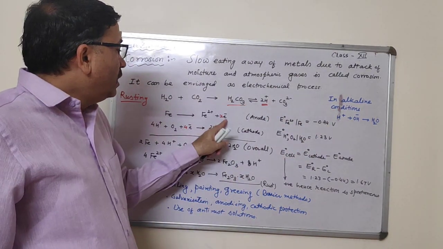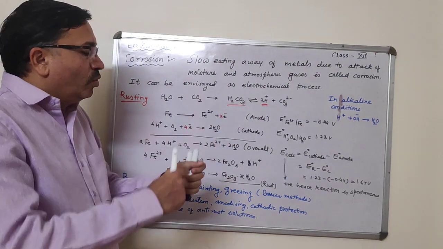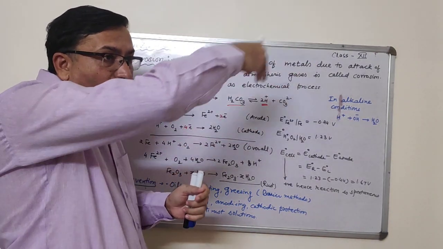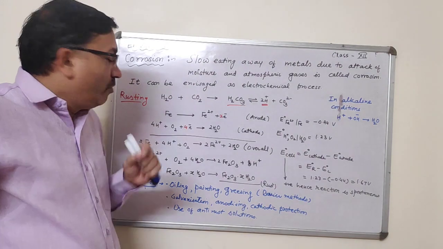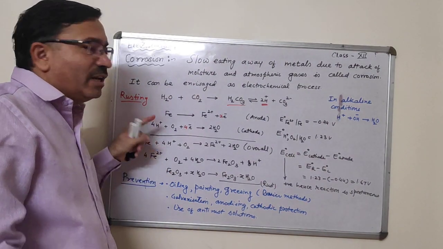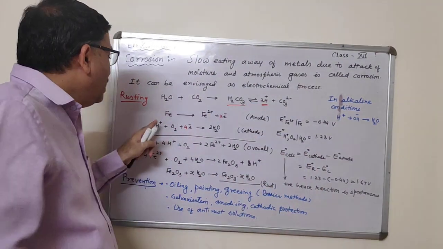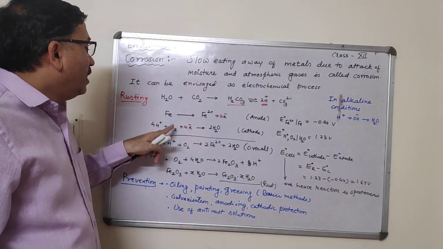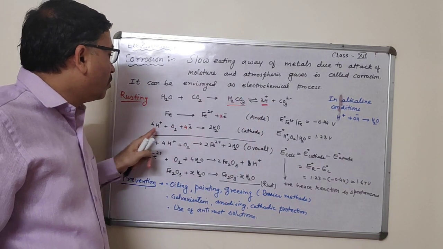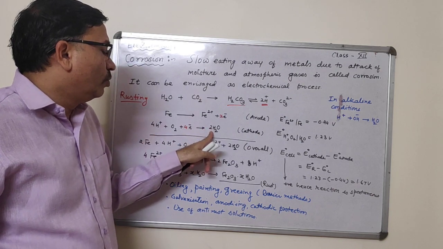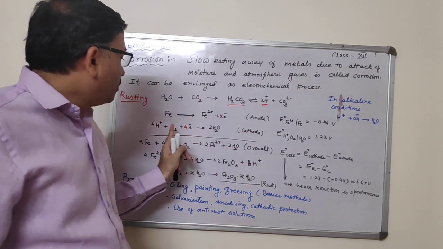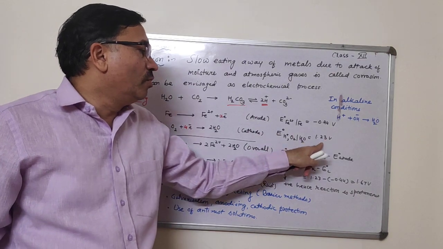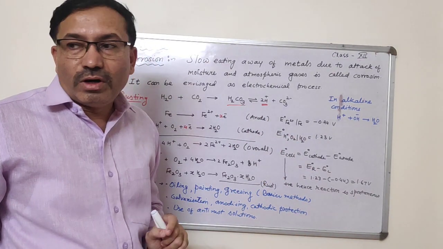Now these electrons start to move in that system. Whenever they get H plus ion, with O2 already available, the H plus ion reacts with O2 and 4 electrons and gives 2 H2O at the cathode. For O2 plus H plus to H2O, the E naught is 1.23 volt.